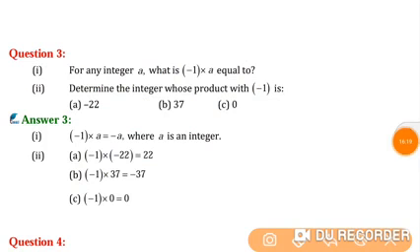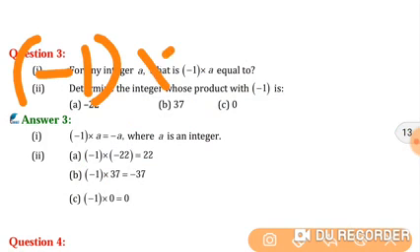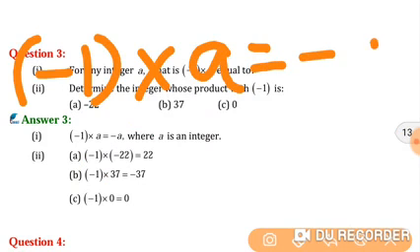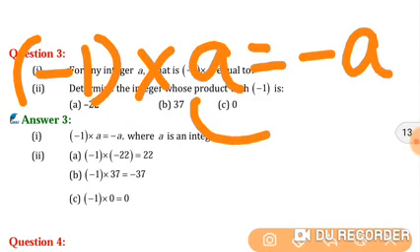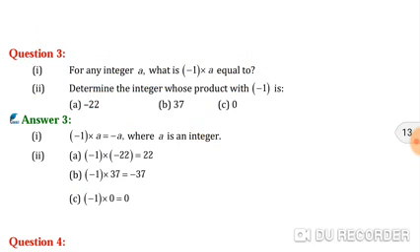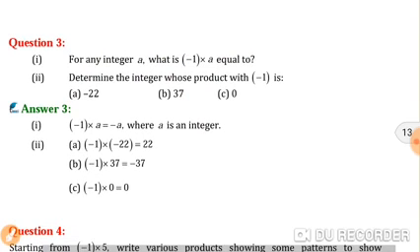So here we can take -1 into a is the opposite sign. If positive a is there, you will get minus a. If it is minus a, we will take plus a. That's all. That's what we have written here, where a is an integer. Then go for the second one.